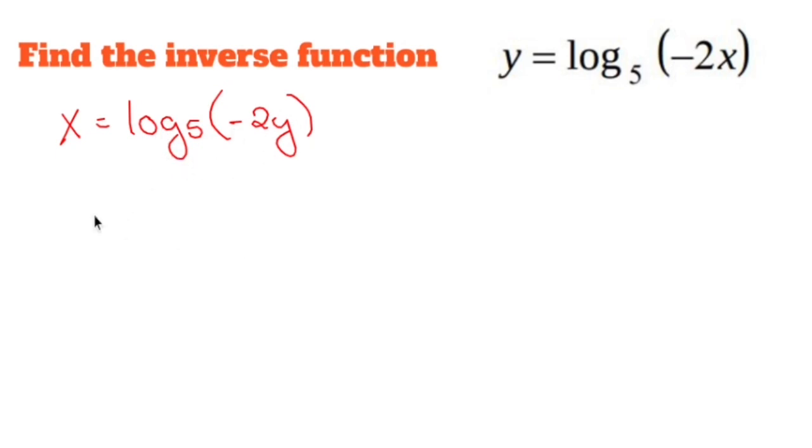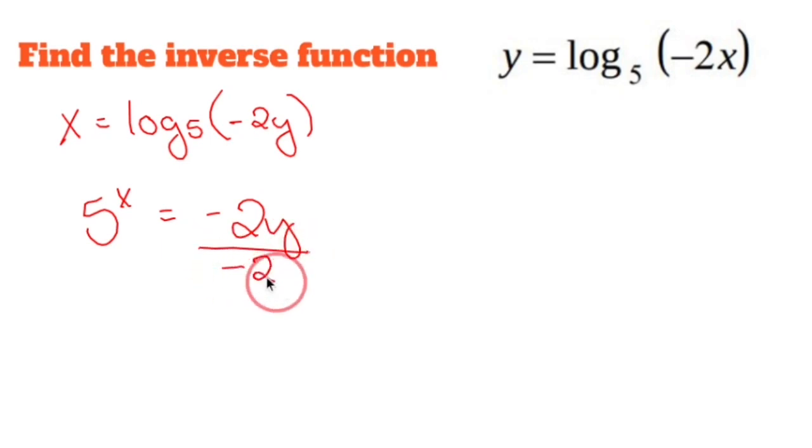Okay, so exponential form, I have 2 videos where I do this. So this will become 5 to the x equals negative 2y. And my job is to now solve for my new y. So I divide both sides by negative 2.